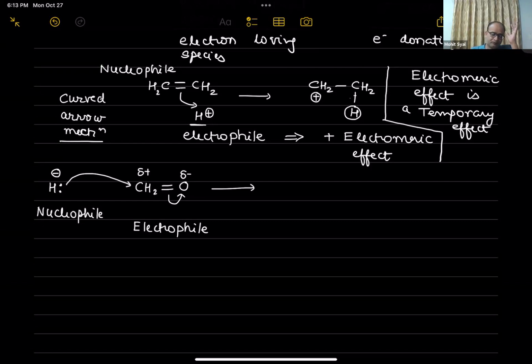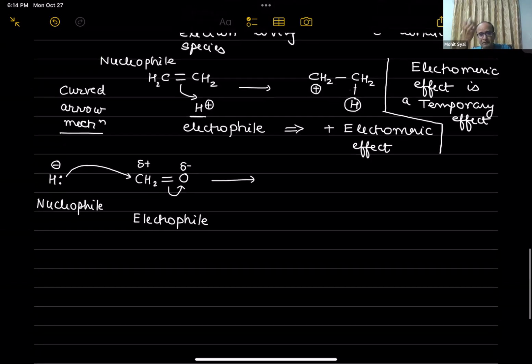Now the H plus was there in the above case. Compare the difference. There the arrowhead was put towards the H plus because H plus was getting electrons. In this case the arrowhead is put away from the H minus because the H minus is giving its electrons.